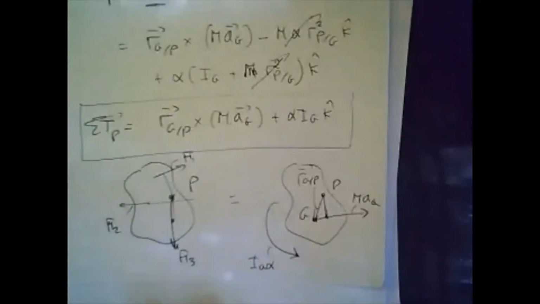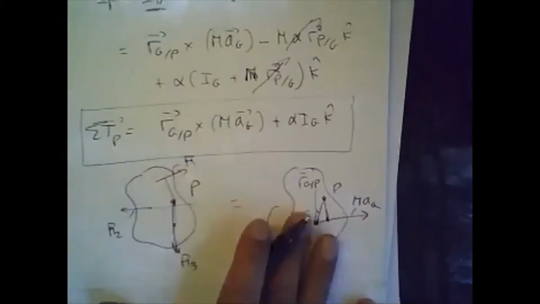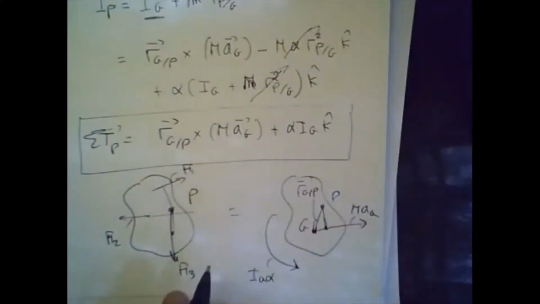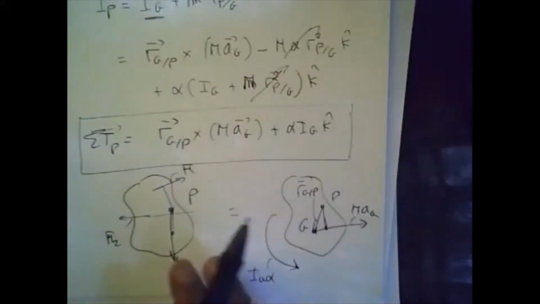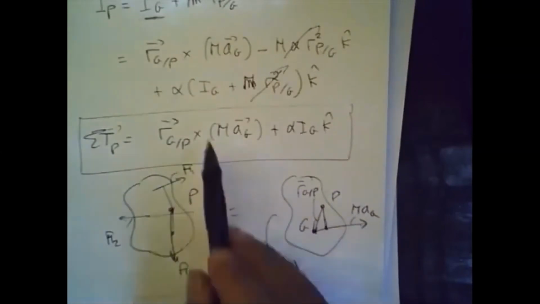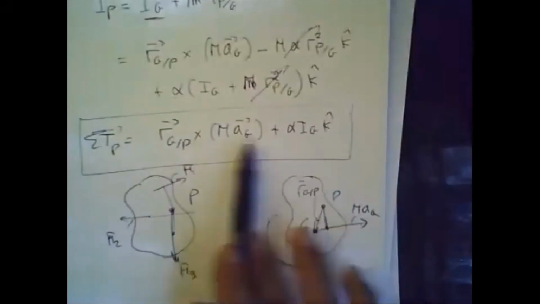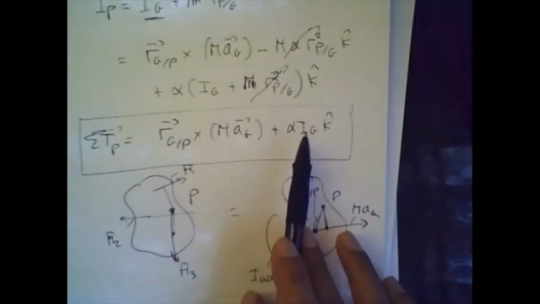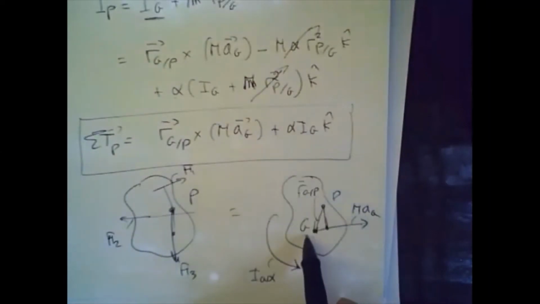Okay, guys, this is the last concept that we are going to be doing in our class. So this basically summarizes our course, and we won't be covering any more topics. If you are able to understand up to this point, then there won't be any new theory for you to learn. I'm not going to ask you to derive this, obviously. I just need you to be aware of this equation and why it is true. Here we're not calculating the moment of inertia about point P. We're using I_G about the center of gravity.